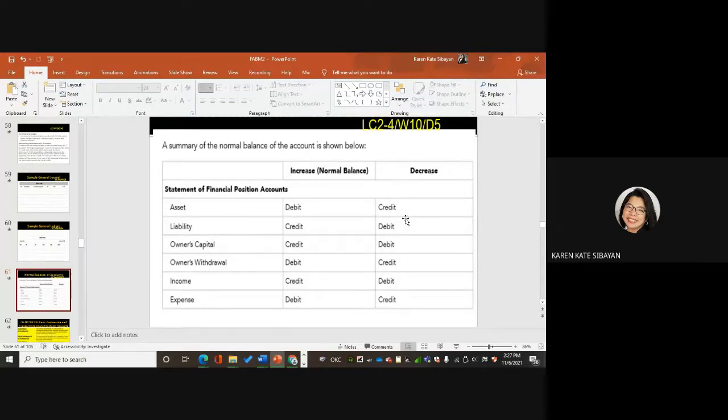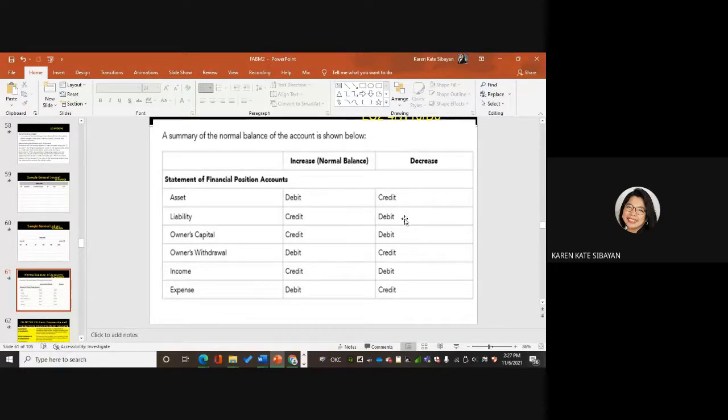So a summary of the normal balance. Ito na yung ano-ano ba yung mga positive side. Kung naalala niyo yung ginawa kong T, so usually sa asset, positive or nag-i-increase siya under the debit side.